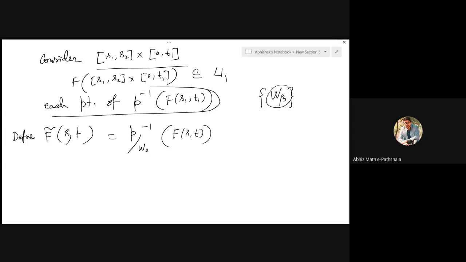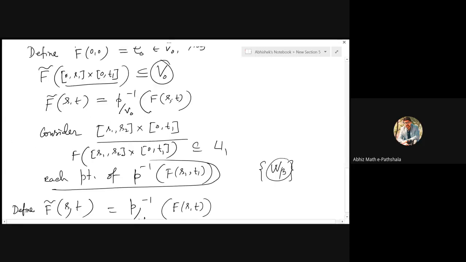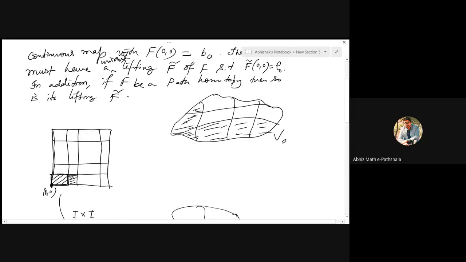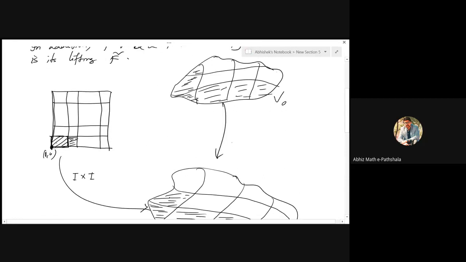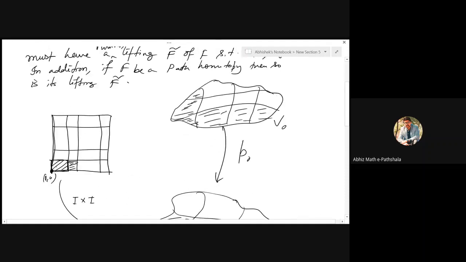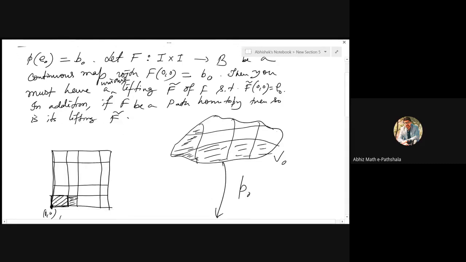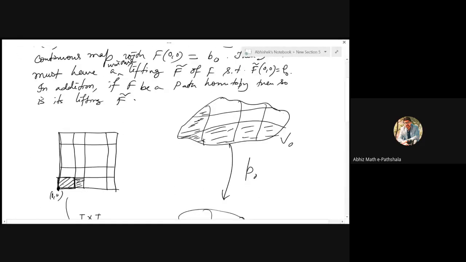In addition to this, if F is a path homotopy, then what will happen? Our claim is that f tilde is also a path homotopy. But why?